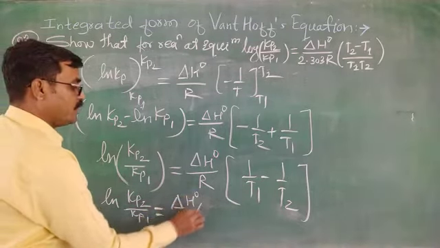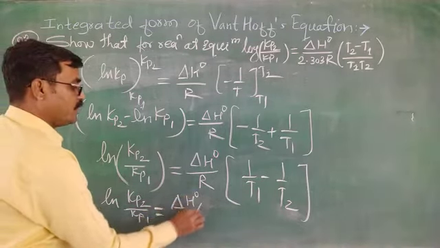Only you have to integrate this between the limits Kp1 to Kp2 and temperature T1 to T2. But during this change, delta H0 remains constant. This is very important.